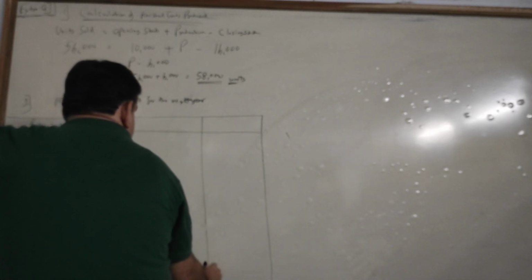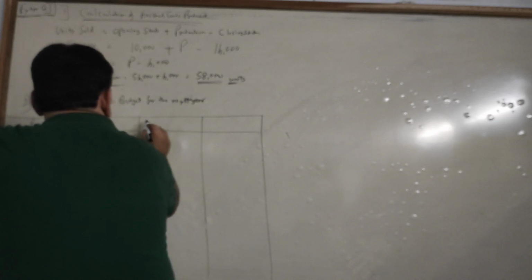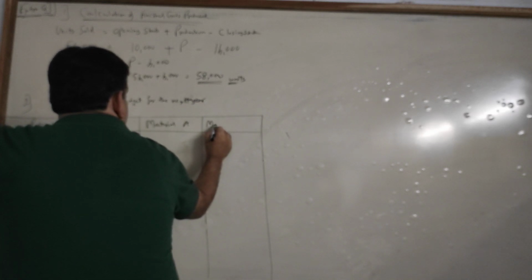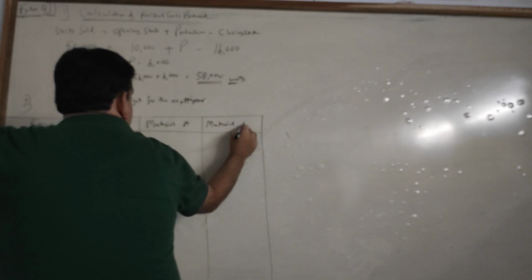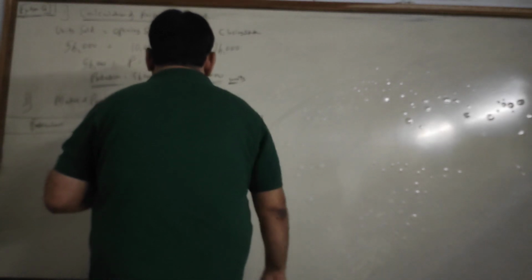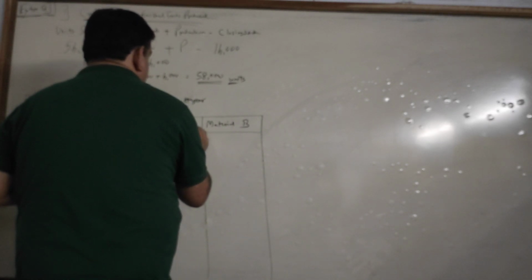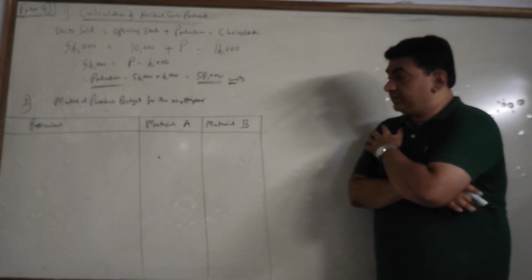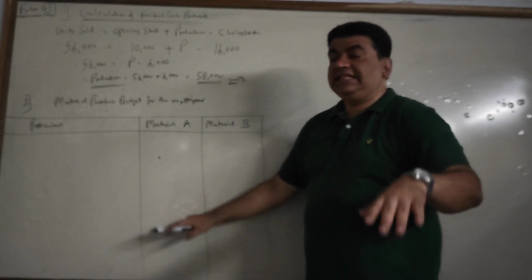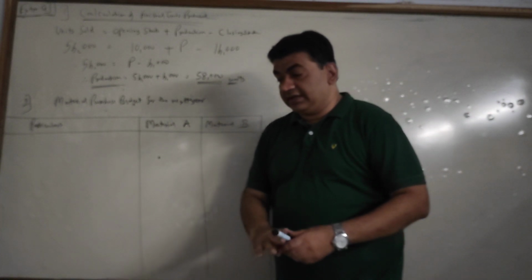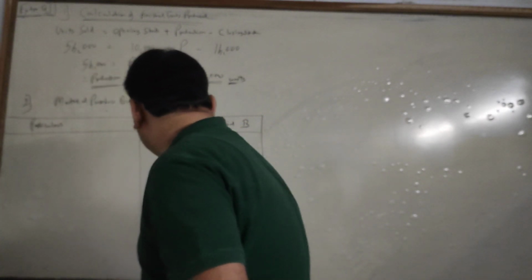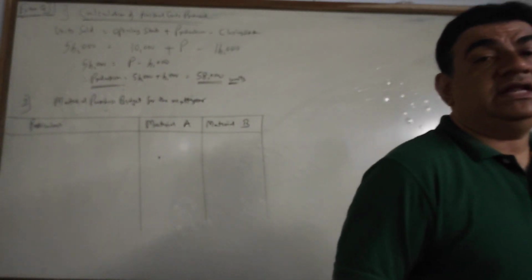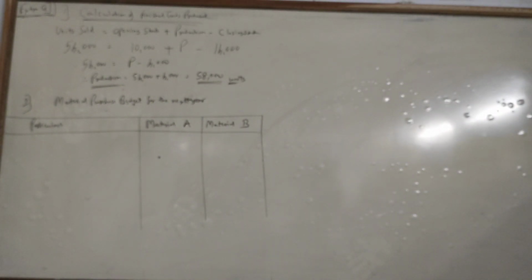So particulars: material A and material B. The length is around 5-6 lines. I have just made it a bit bigger.